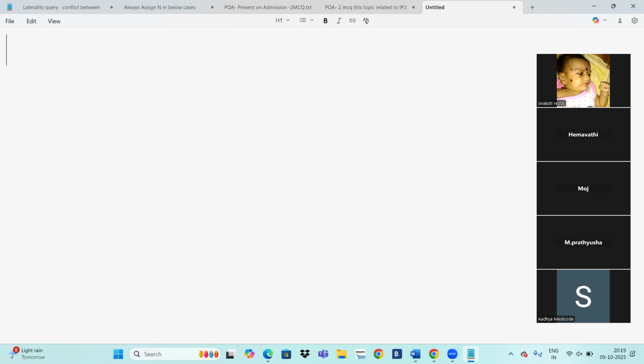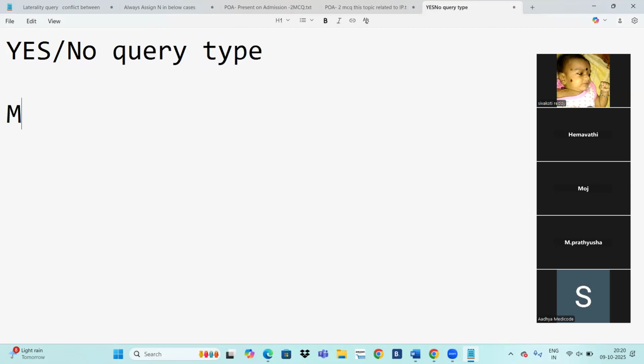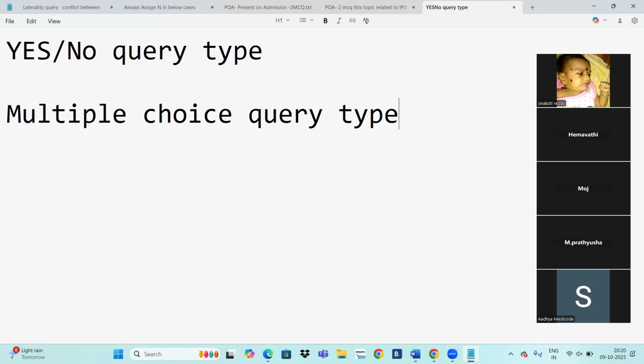That format should be the yes or no query type. From here you can listen carefully. Yes or no query type. Multiple choice query type. Open-ended query type.